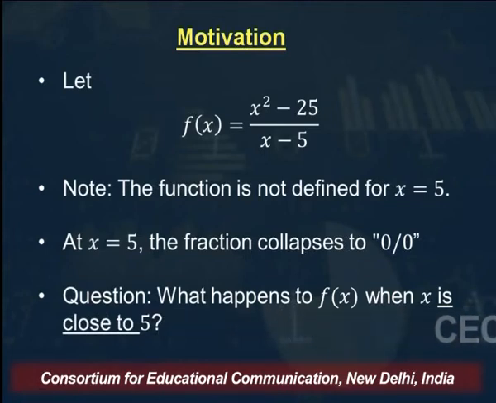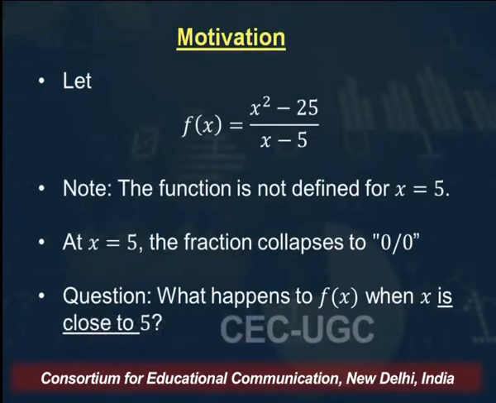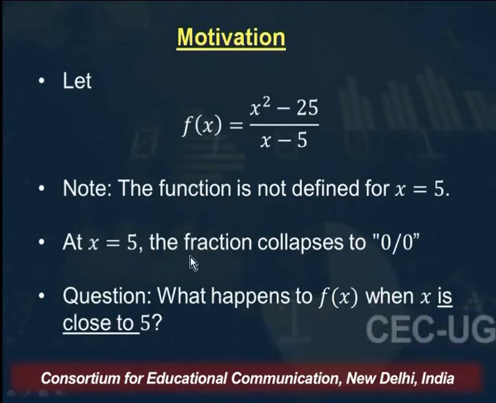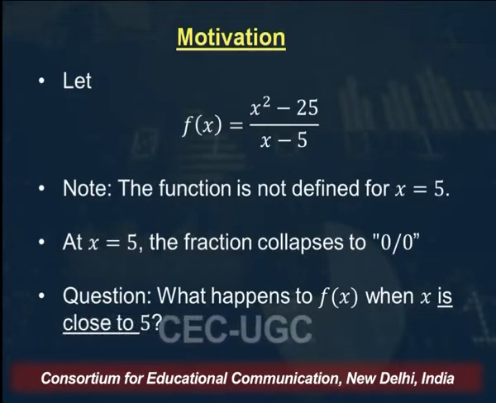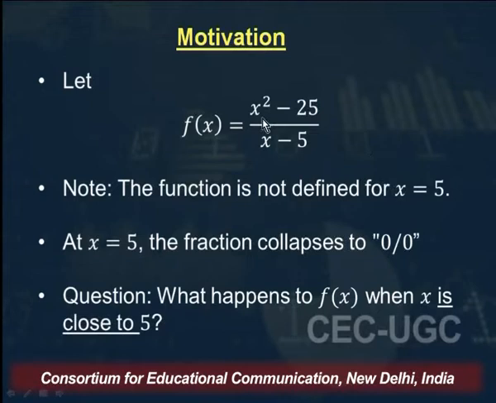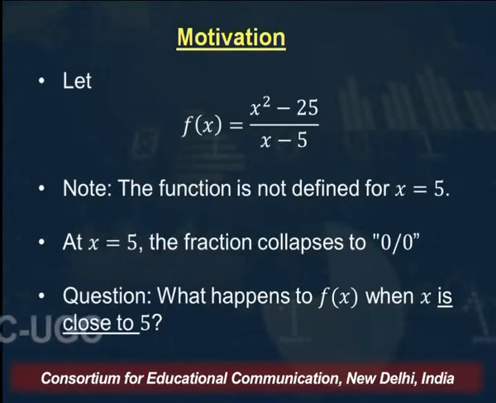In the first example, the function was defined at the point of interest. Now here the function is not defined for x equal to 5. What do you see here? If x is equal to 5, the numerator becomes 25 minus 25, which is 0. The denominator becomes 0. So basically the fraction collapses to 0 by 0, right, which is not defined.